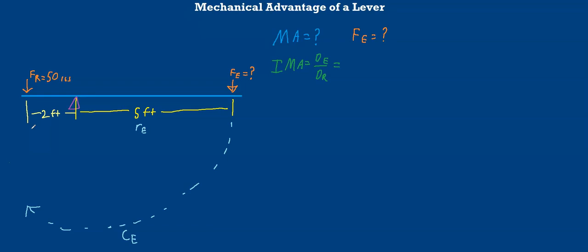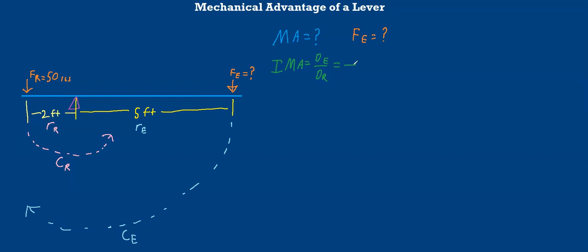And then similarly, this force resistance will also create some circle around our fulcrum, only this time it'll be smaller since its radial distance is smaller. So let's call this our circumference of our resistance. And then let's label this 2 feet as our radius resistance. That is the radius of our circular distance resistance.